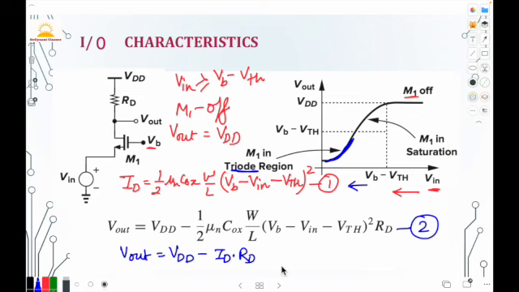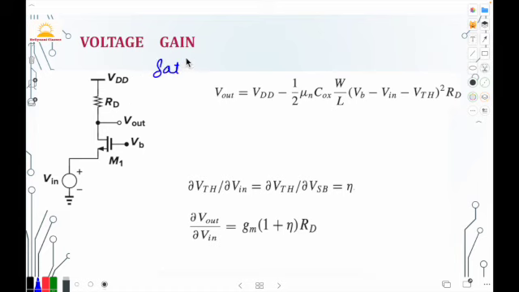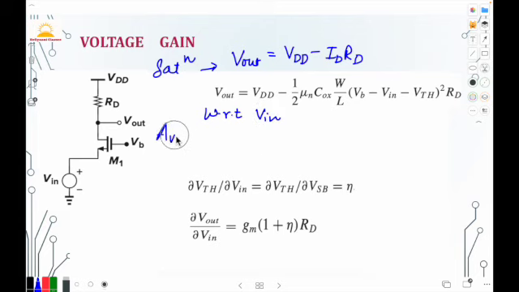Let's find out the voltage gain. In saturation mode, V out is given by VDD minus ID RD. Now differentiating both sides with respect to V in to find the voltage gain, AV is del V out upon del V in. VDD is constant, so differentiating with respect to V in it becomes 0.